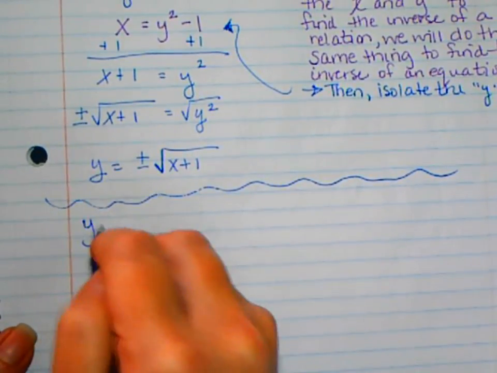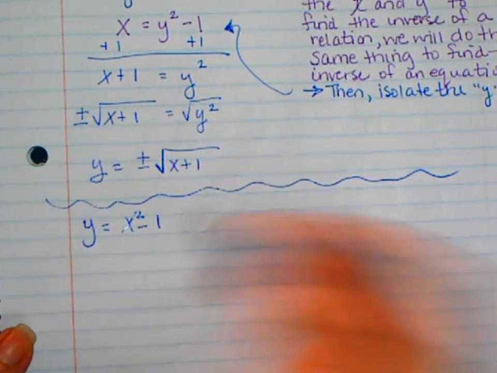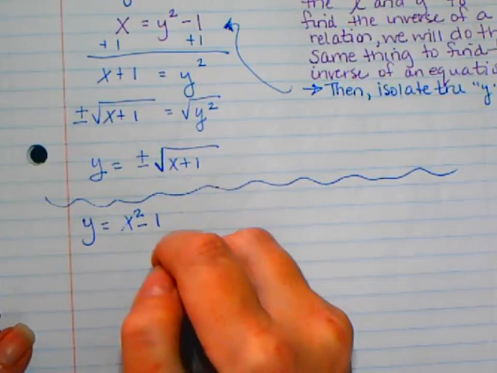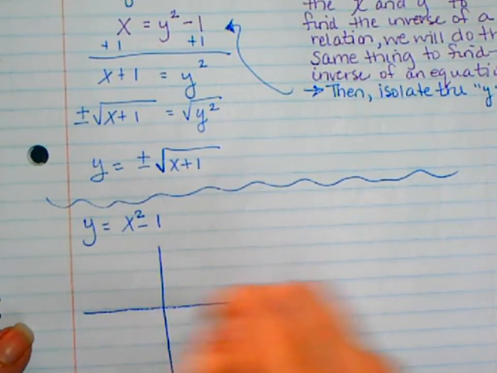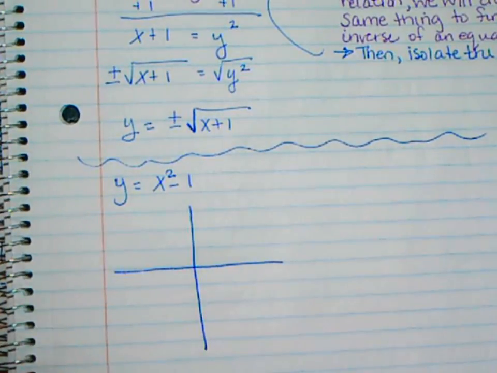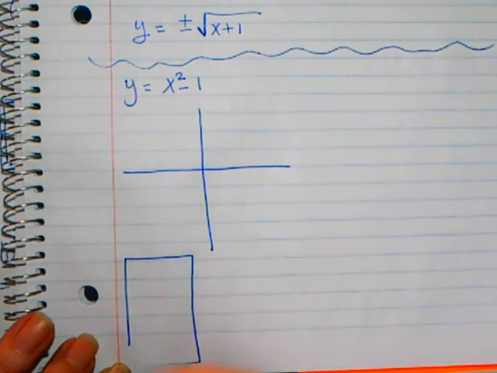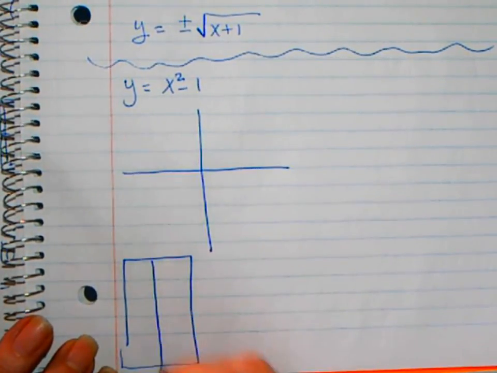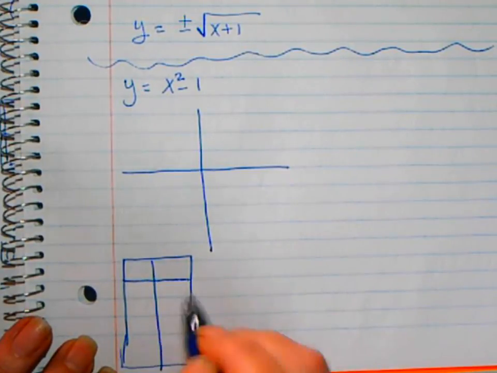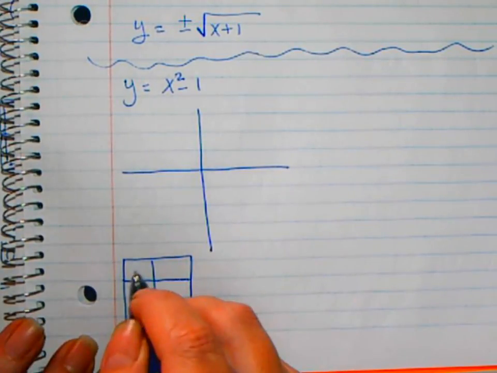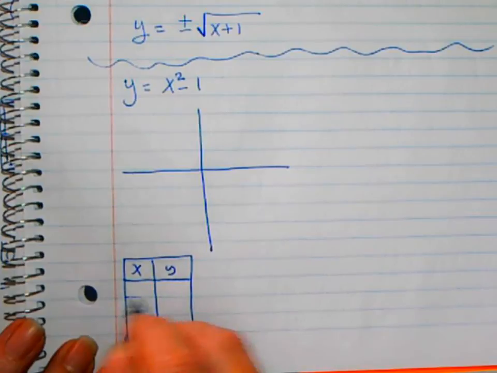So for y equals x squared minus 1, let's make a little table of values. I'll try to do that down here. I'm going to pick some negatives and positives. They may be good numbers, they may not, but it's a good starting place.